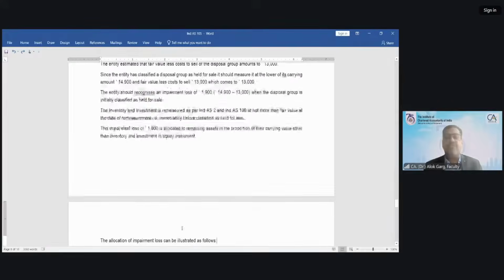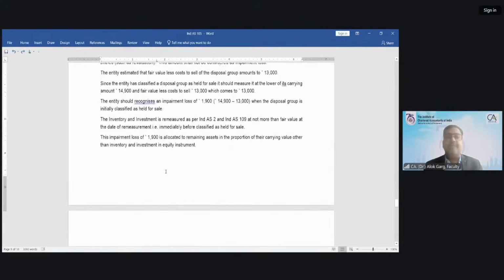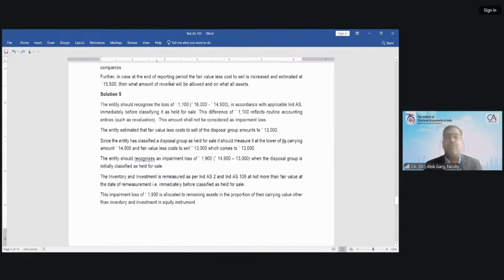So if you see, the entity should recognize the loss of 1,100, which is 16,000 minus 14,900, in accordance with the applicable Ind AS immediately before classifying it as held for sale. The difference of 1,100 reflects routine accounting entries such as revaluation.